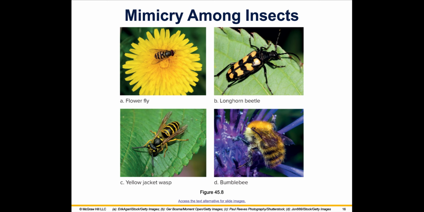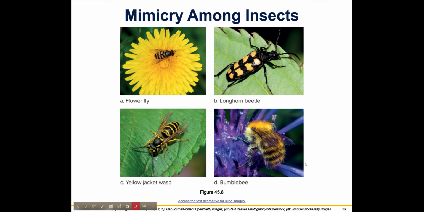So here are some mimicry examples, giving you both those Batesian and Mullerian. So a hover, or a flower fly, or a longhorn beetle, they don't have stingers, but they're black and yellow. And you might quickly see them and say, oh, I need to stay away. That looks like a wasp or a bumblebee. Meanwhile, bumblebee and yellow jacket, that's that Mullerian mimicry, both have stingers.